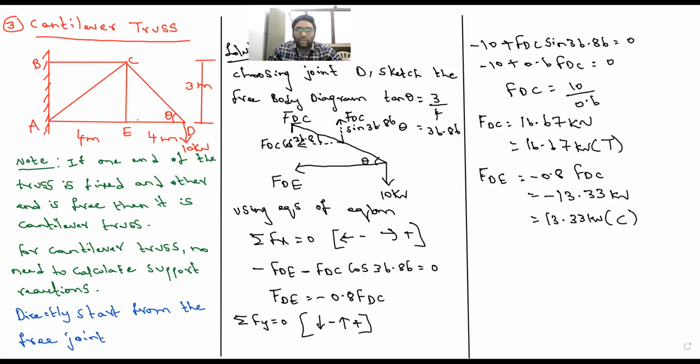Now then what do we have? We will go to joint E. Very simple concept, joint E. So this is something that is very interesting. Now let us take joint E. All of you can see that joint E has two horizontal members and one vertical member.